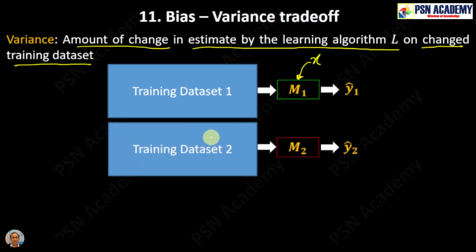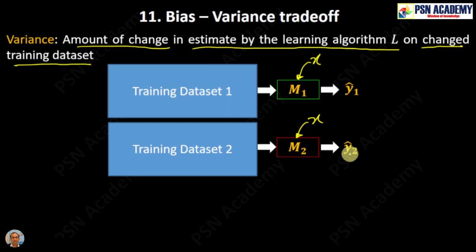Now you take another training dataset 2, which is not very similar to dataset 1. You again use the same learning algorithm L, for example, say linear regression, and you train this algorithm and you get a model M2. Now, you feed x to this M2 also, the same x, and you will get a corresponding y value, that is an estimation done by this M2 as y2 hat.